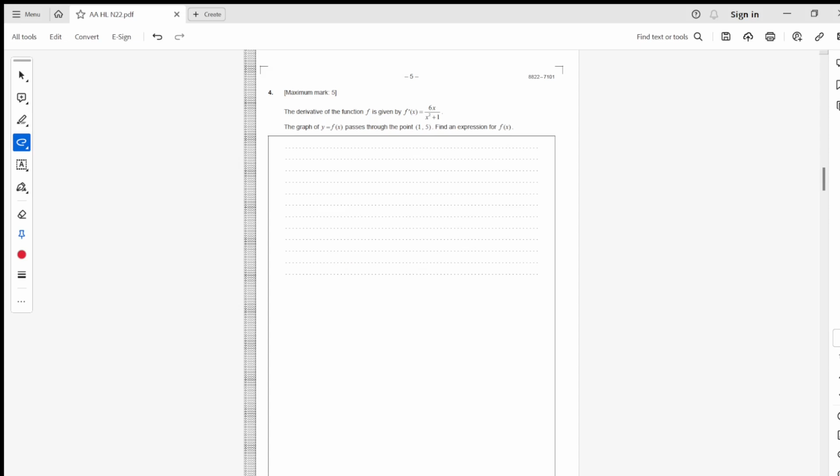So the next question asks us for an expression for the function when we're given the derivative of this particular function. And as we all know, f of x is equal to the integral of the derivative of that function plus some constant c, which is why we are given this point to calculate this constant. So basically we need to integrate 6x divided by x squared plus 1.